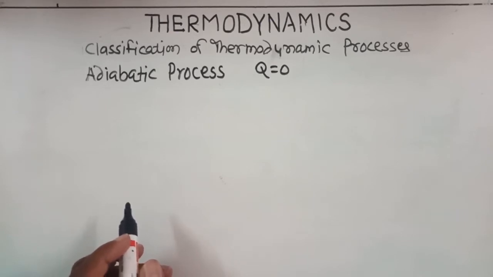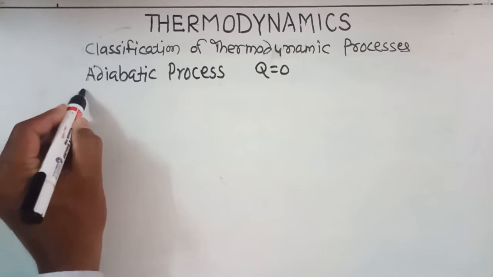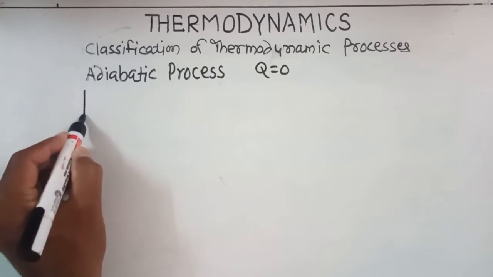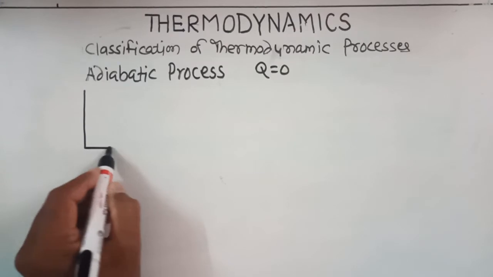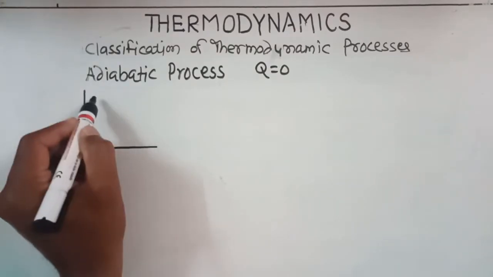So in an adiabatic process, if the temperature increases, then work is done on the system, and if the temperature decreases, then the work is done by the system. Meaning that when there is expansion of gas, the work is done by the gas, the work is done by the system, and in that case the temperature decreases.